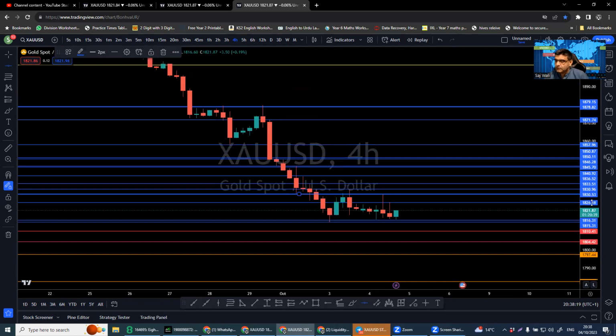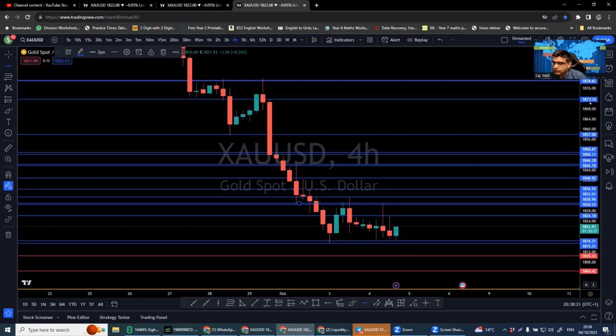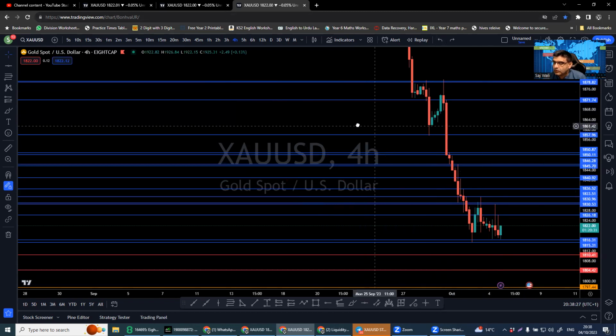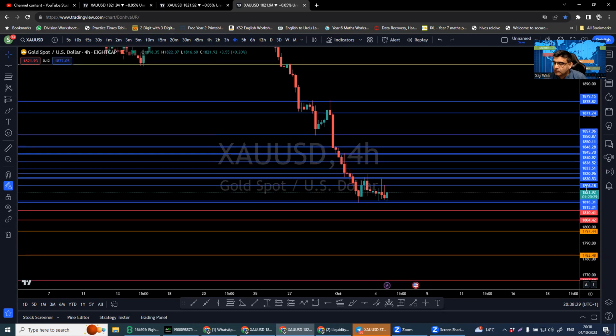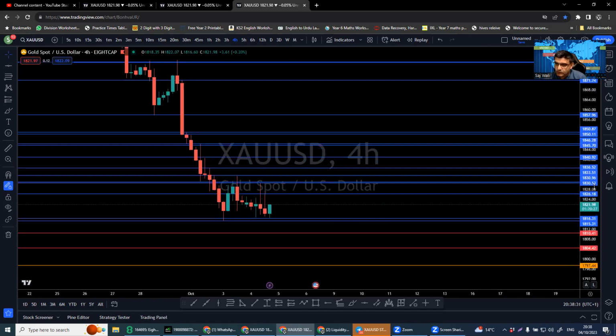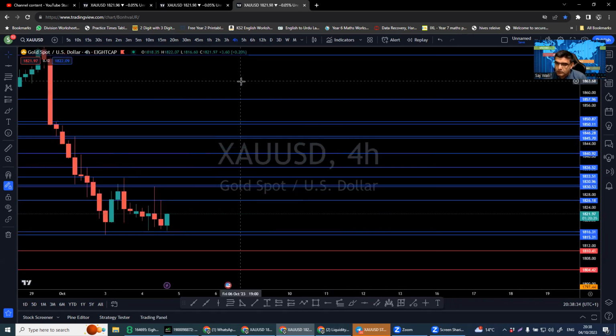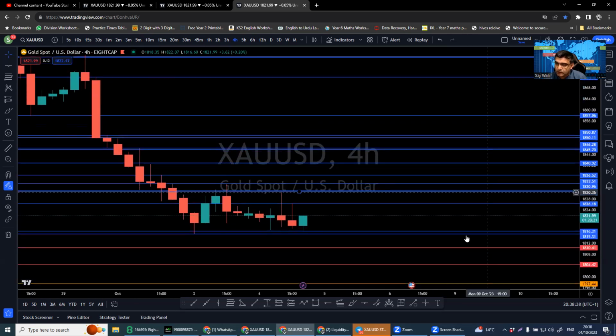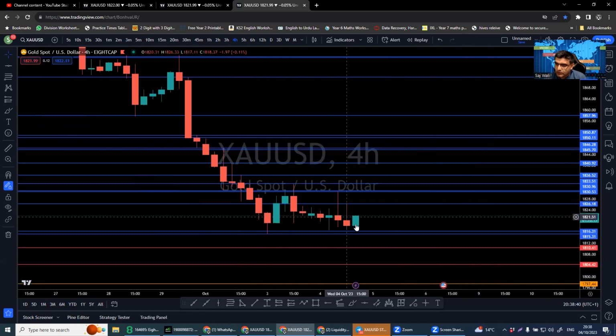So these are 4H levels, blue ones, and you can draw more levels. You can draw more levels in 1H as well. So if you want to do smaller time frames also, 1H, 15 minutes or half an hour, you can do that as well. I'll leave it to 4H levels.